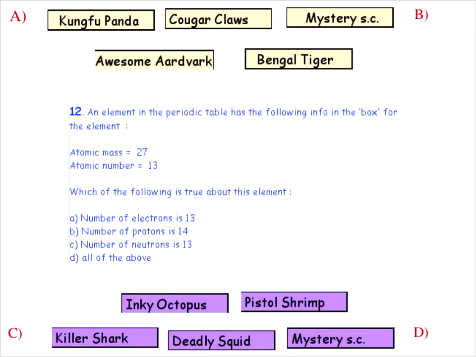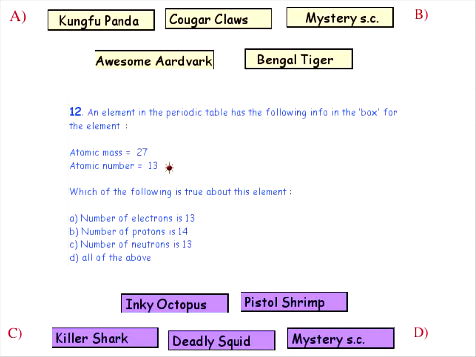I'll ask you guys a few near the end if we have some time, but I just want to run through these. Okay, so this says an element in the periodic table has the following info in the element's box. It says atomic mass is 27 and atomic number is 13. And it says, which of the following is true? Okay, so is the number of electrons 13? Yes, that would be true, right?